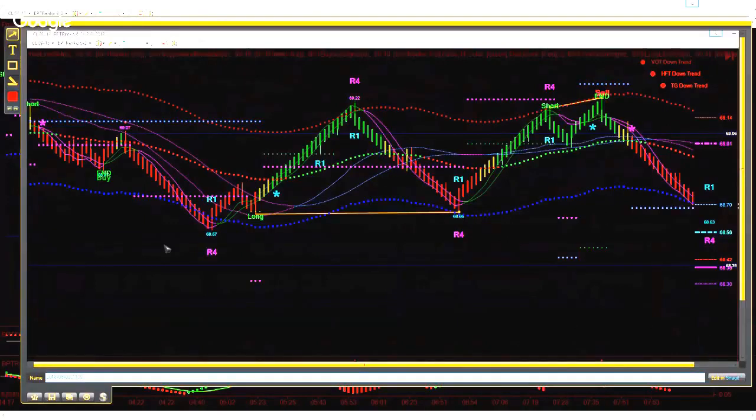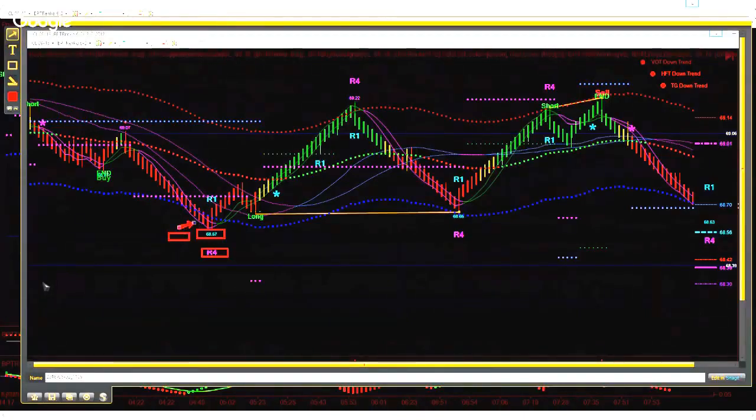So what we have done, we set the rules: we take the reversals only when it's out of the band. In other words, we have a symmetry here and we have a reversal. Those do not repaint, and the market is out of the band. You see, the market is out of the band.